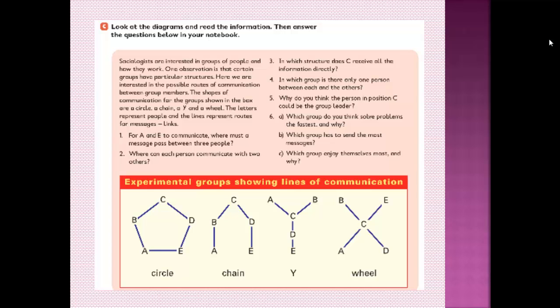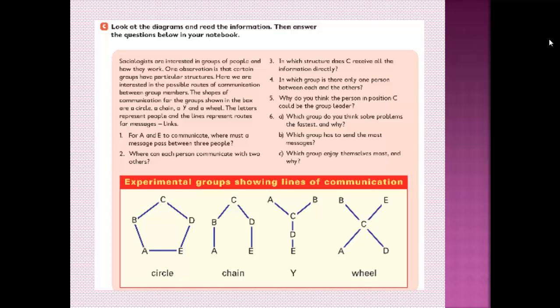Here we are interested in the possible routes of communication between group members. The shapes of communication for the groups shown in the books are a circle, a chain, a Y, and a wheel.